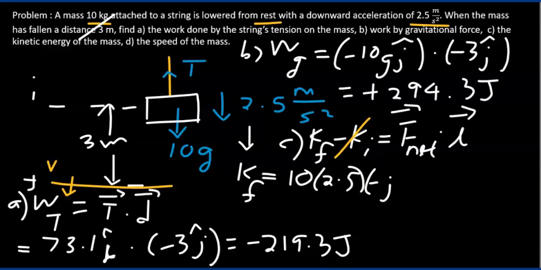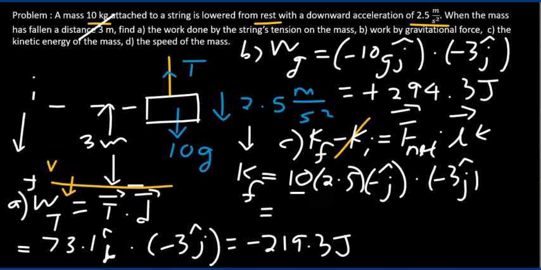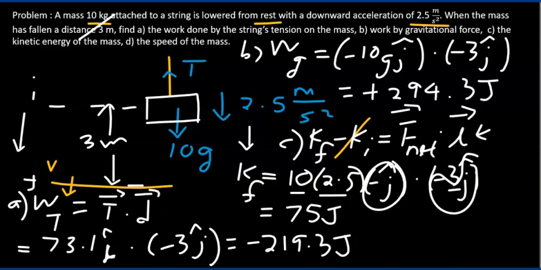Let's call that direction minus j hat, dotted into this displacement vector, which is again minus 3 j hat, because the displacement is also downward. So 10 times 2.5 is 25. 25 times 3 is 75 joules, because minus j dotted into minus j is 1. So that's the answer for part C.